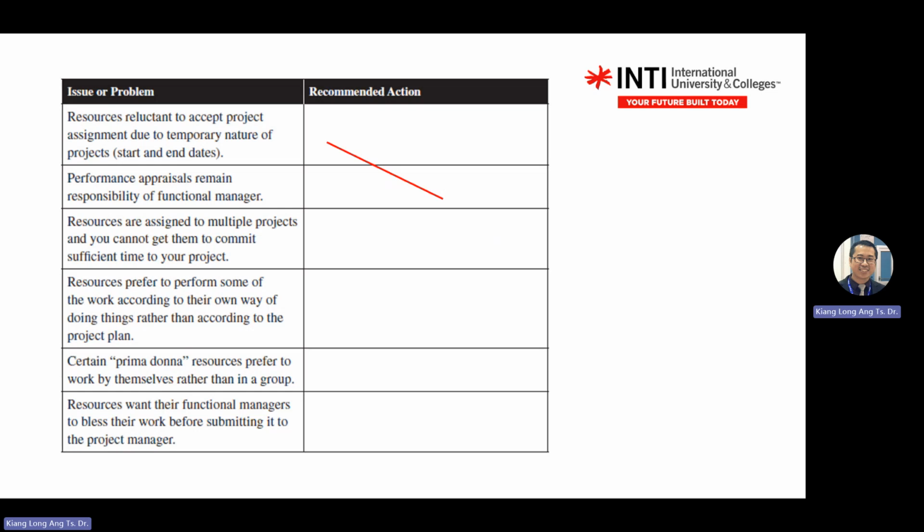So what do you do? Resources reluctant to accept project assignment. Who do you talk to? You talk to sponsor, you talk to customer, or you talk to FM? Who do you talk to?